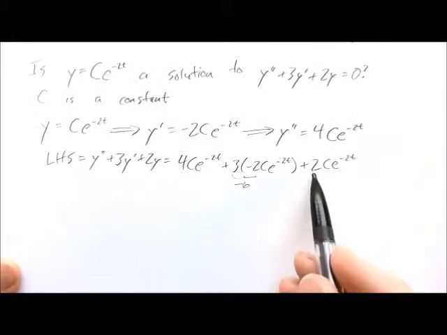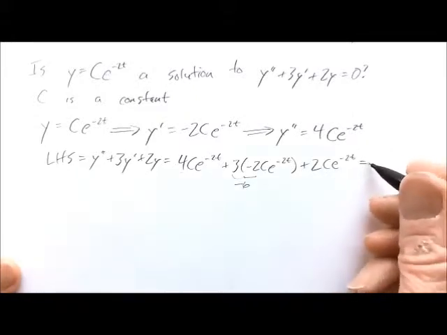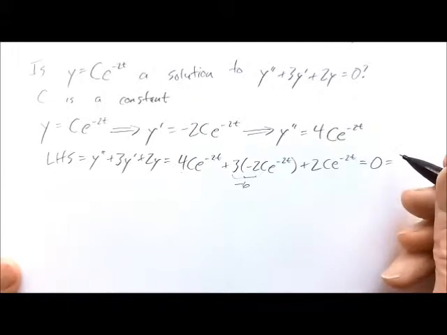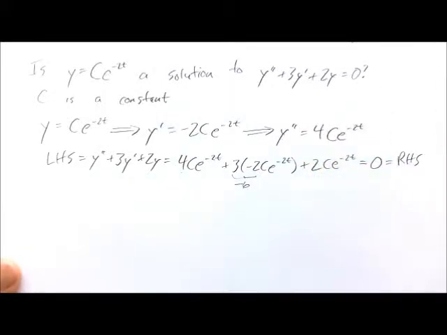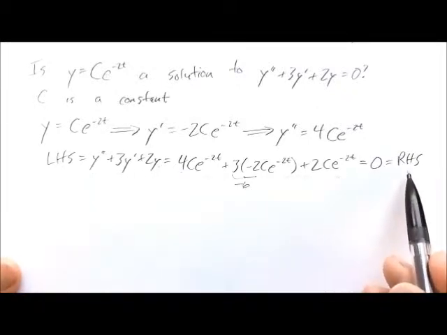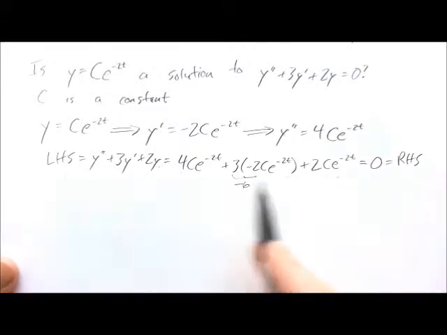And you can see here this is going to give us negative 6 c e to the minus 2t. There's positive 4, there's positive 2, so the result is going to be 0, which is in fact the right-hand side of our equation. So we can see that the left-hand side equals 0, which is the right-hand side. So the left-hand side does equal the right-hand side. Notice that it doesn't matter what c is. The c's just go away in the end.